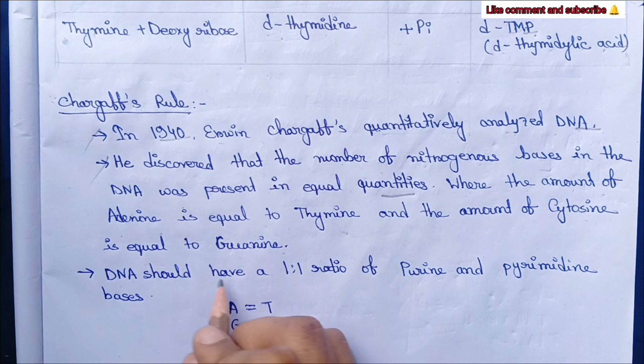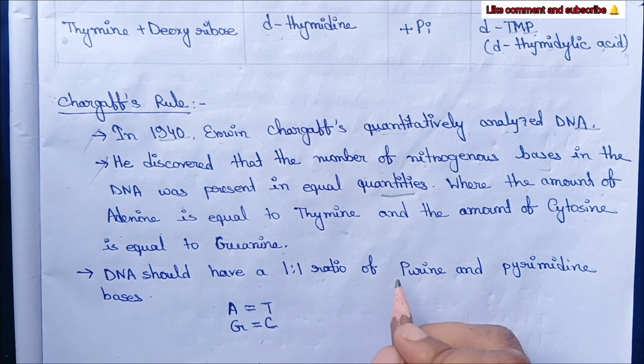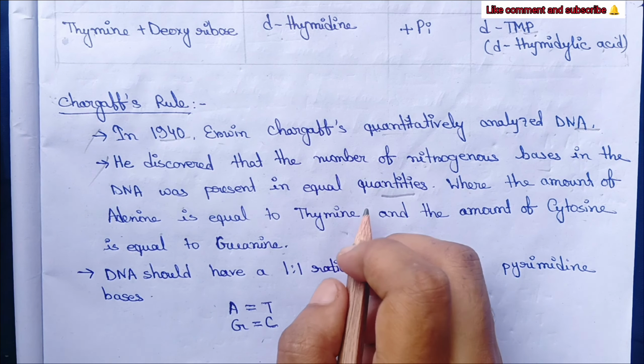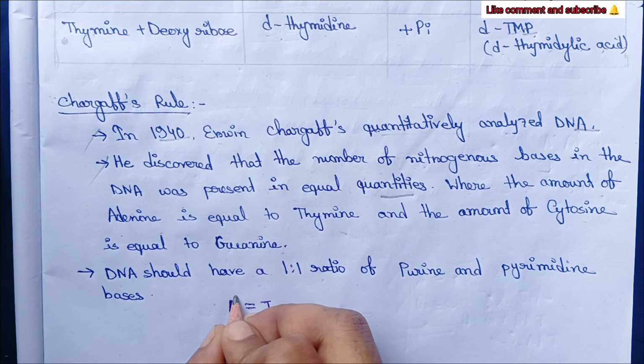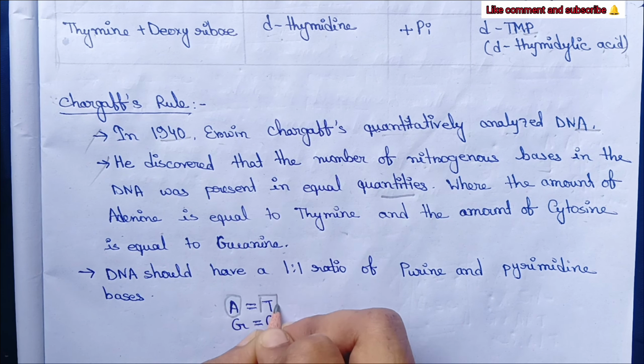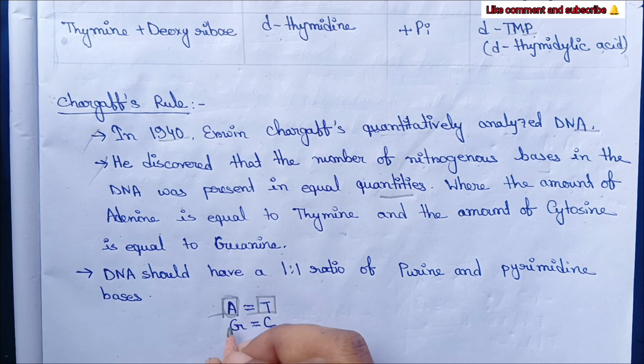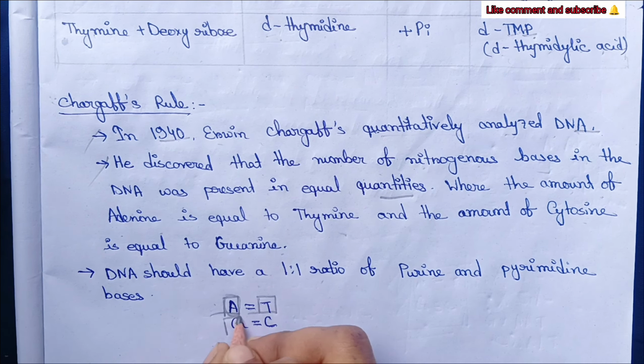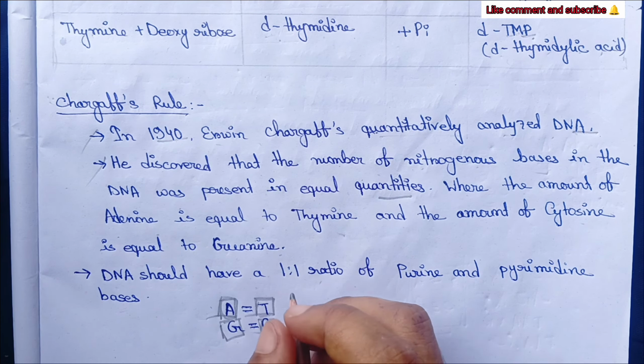So DNA should have a 1:1 ratio of purine and pyrimidine bases, where adenine and thymine are present in the same amount, and guanine and cytosine are present in the same amount.